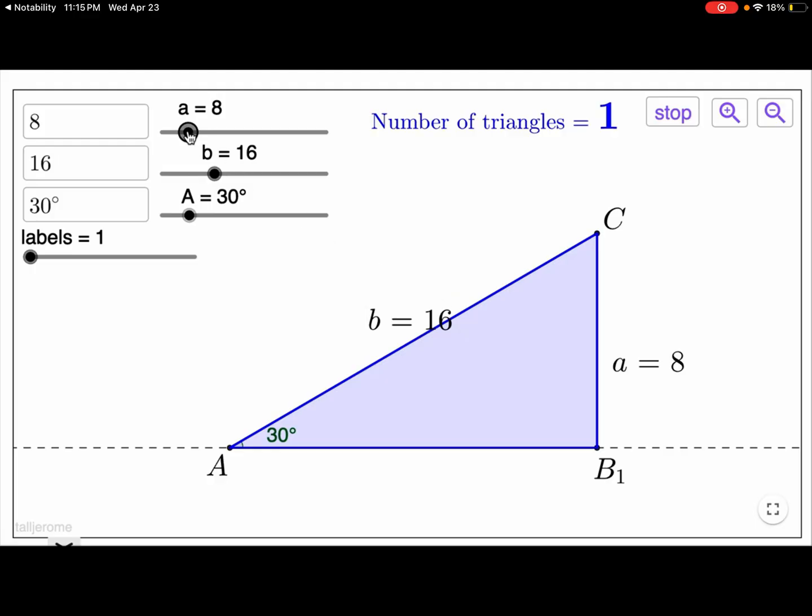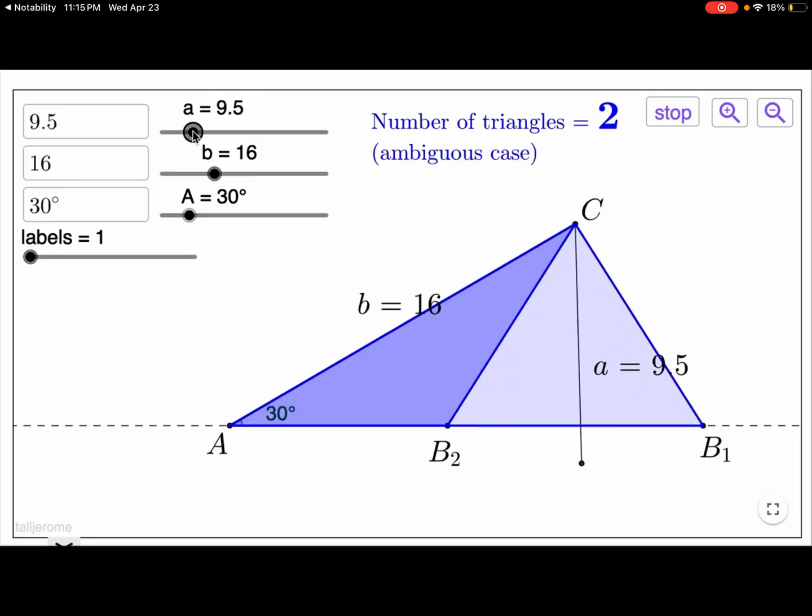But I can also adjust the side opposite the 30 to be a little bit bigger. In this case, notice how it is swinging left to right. So now you have a situation in which there are two triangles.